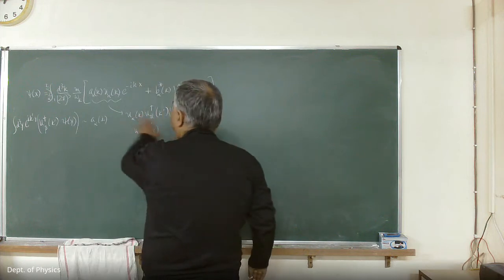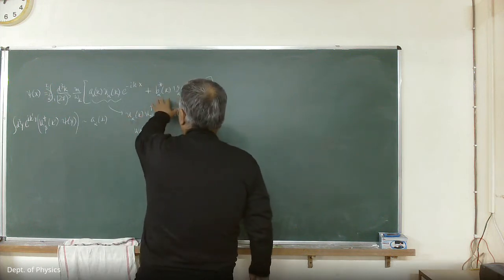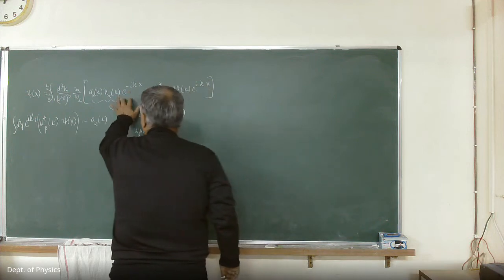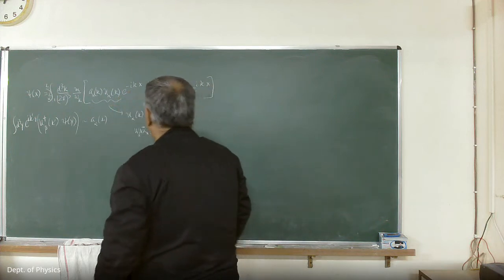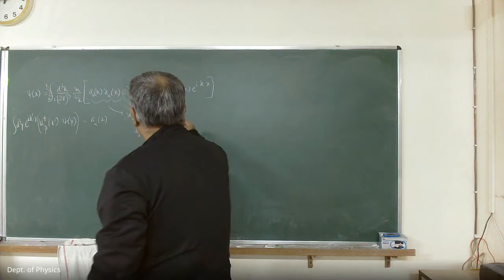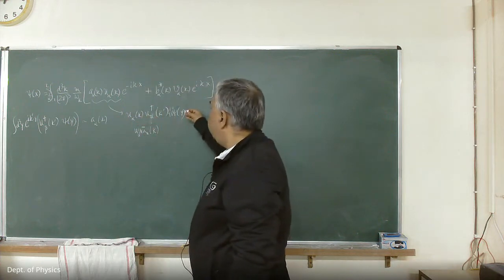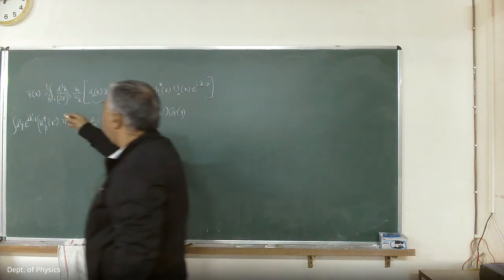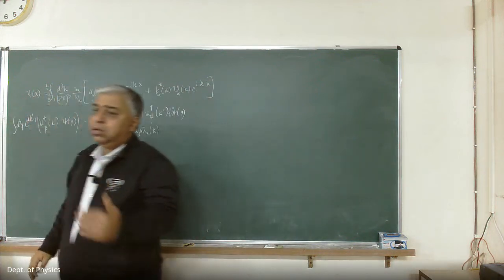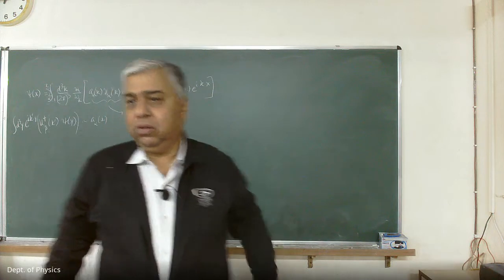So what we are doing, for both the positive frequency and the negative frequency, we are assuming that there is a propagation from time y naught to x naught, where y naught lies in the past of x naught.